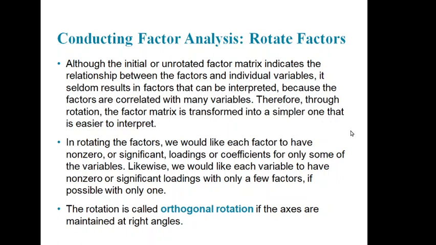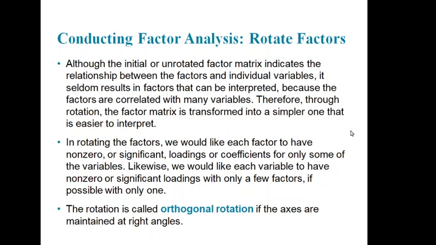So, using the rotation, you can find the simplest set of factors which are easier to interpret. In rotating the factors, we would like each factor to have non-zero or significant loadings or coefficients for only some of the variables. Likewise, we would like each variable to have non-zero or significant loading with only a few factors, if possible with only one.